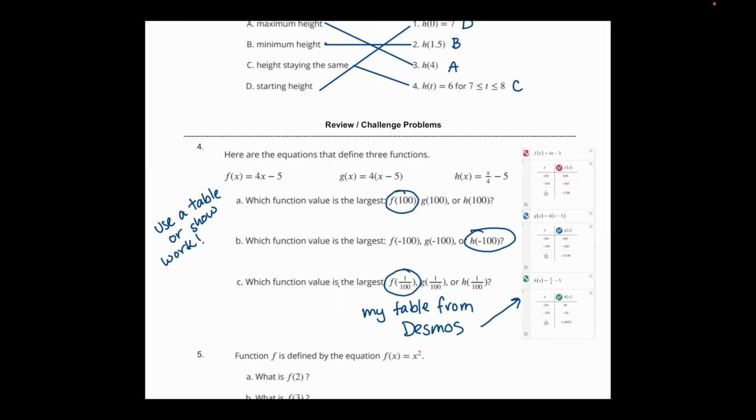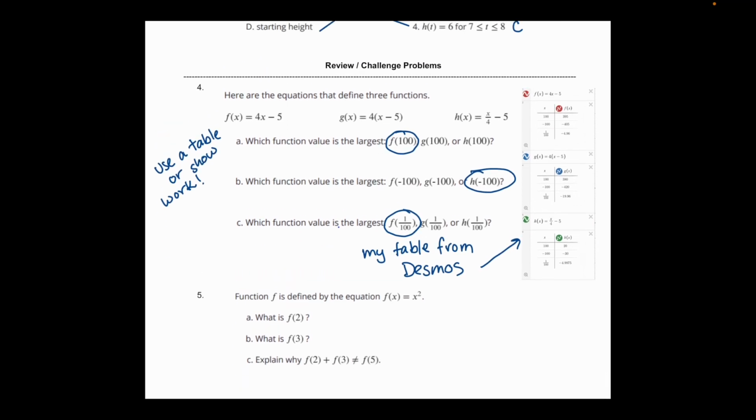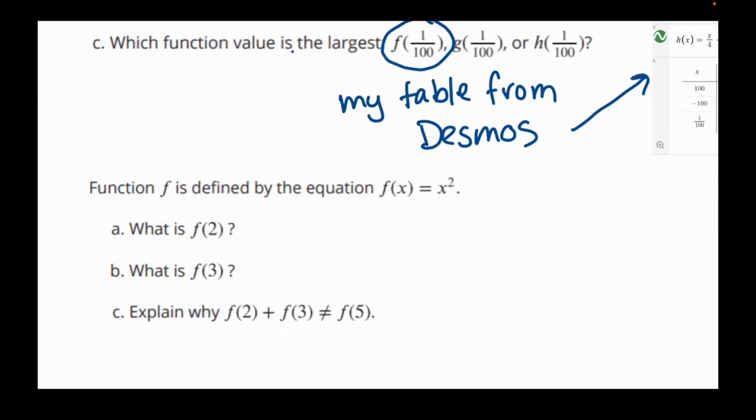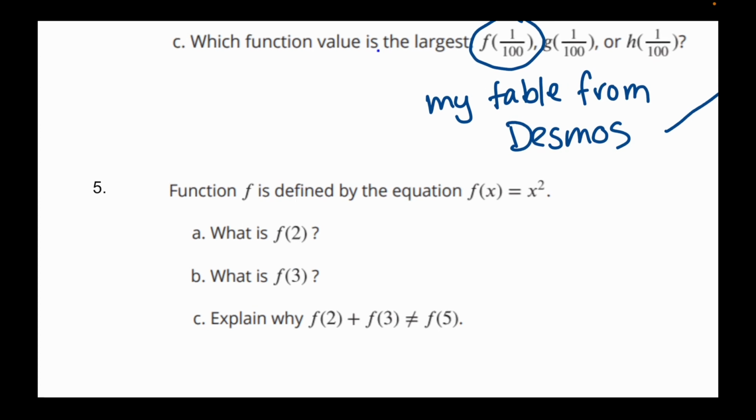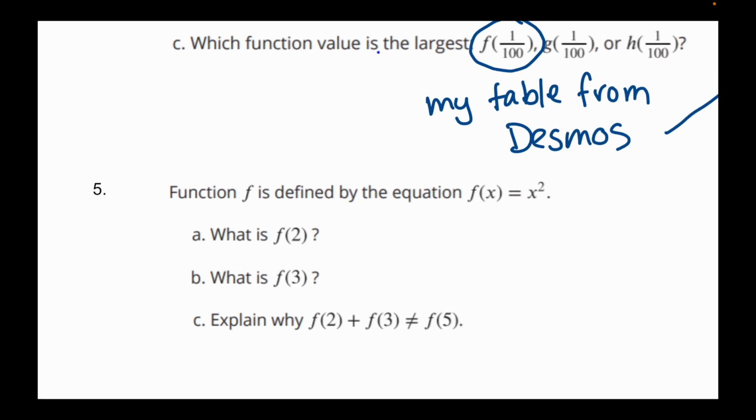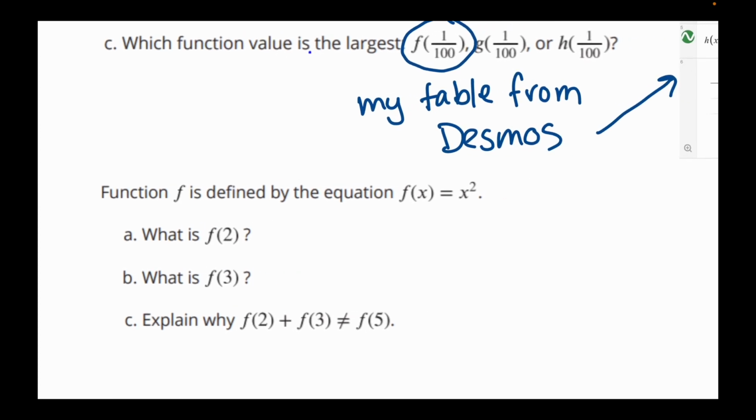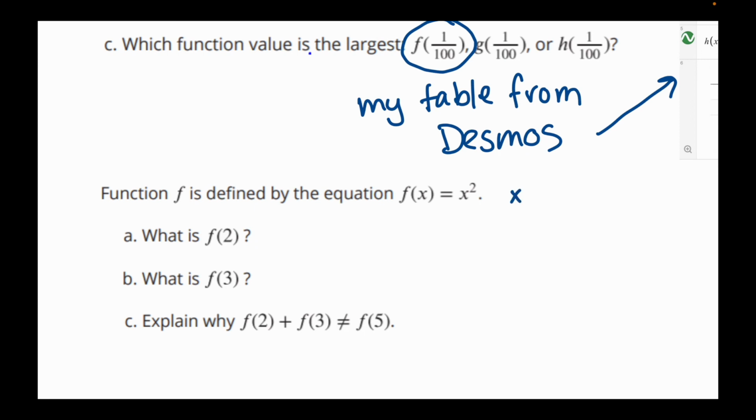All right, let's look at our last one, which is number 5. Function f is defined by the equation f of x equals x squared. So x squared, just as a side note, means x times x. The 2 basically tells us to take that number and multiply it with itself 2 times.